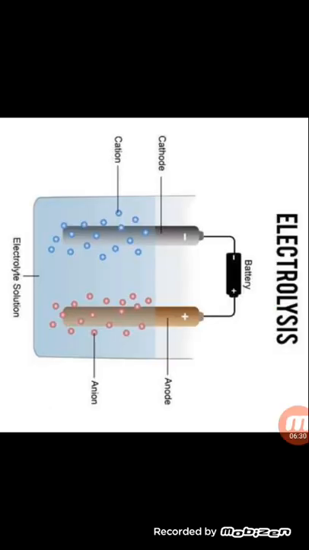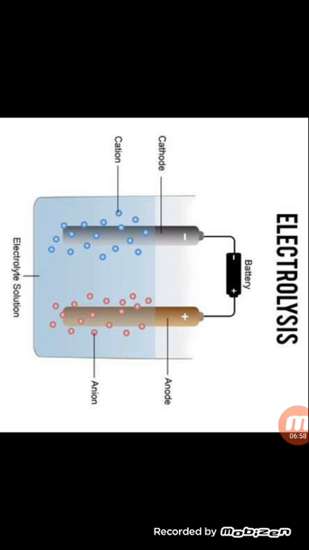Now this is an activity to observe the chemical effect of electric current, or we can say we are going to see the electrolysis process. For that you need 2 iron nails, or you can take 2 clean carbon rods. They can be obtained from old batteries.